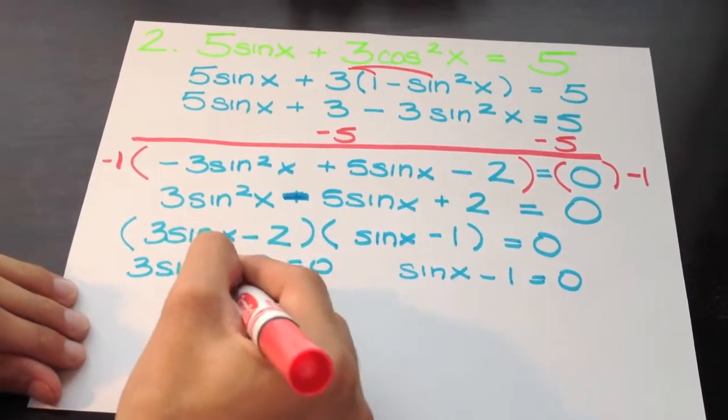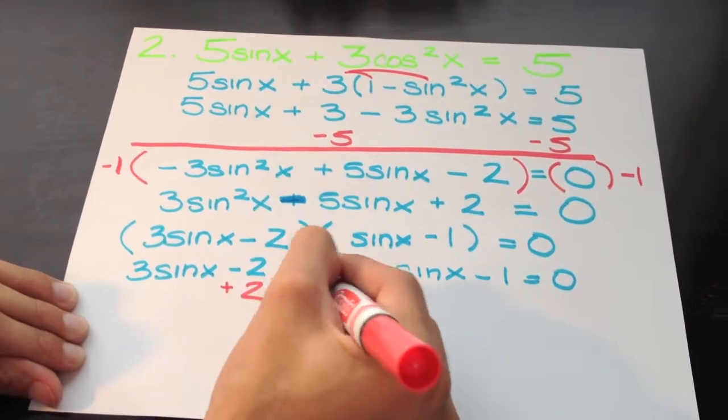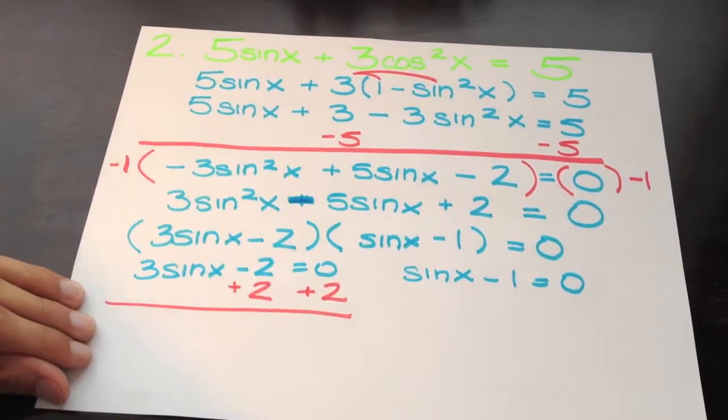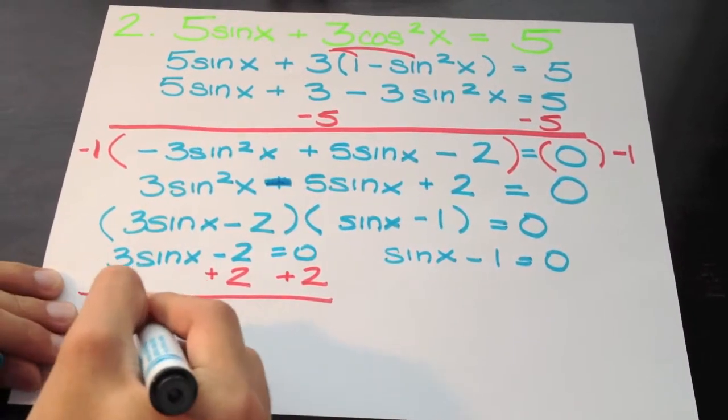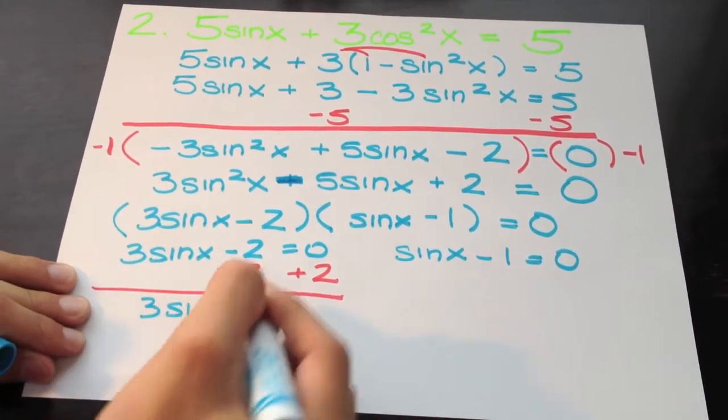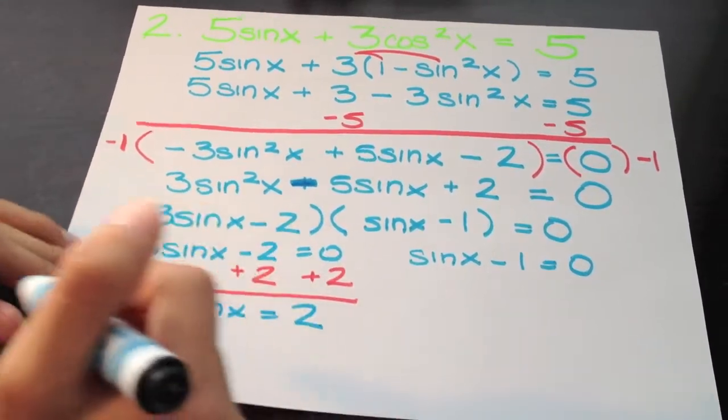Here we're going to add 2 to both sides, and that's going to give us 3 sine of x equals 2.